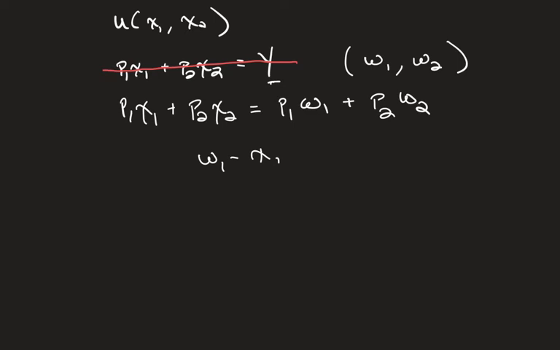So that means you'll be a net seller of good 1. If it's a negative number, you're consuming more than you're selling. So you're a net consumer of good 1.